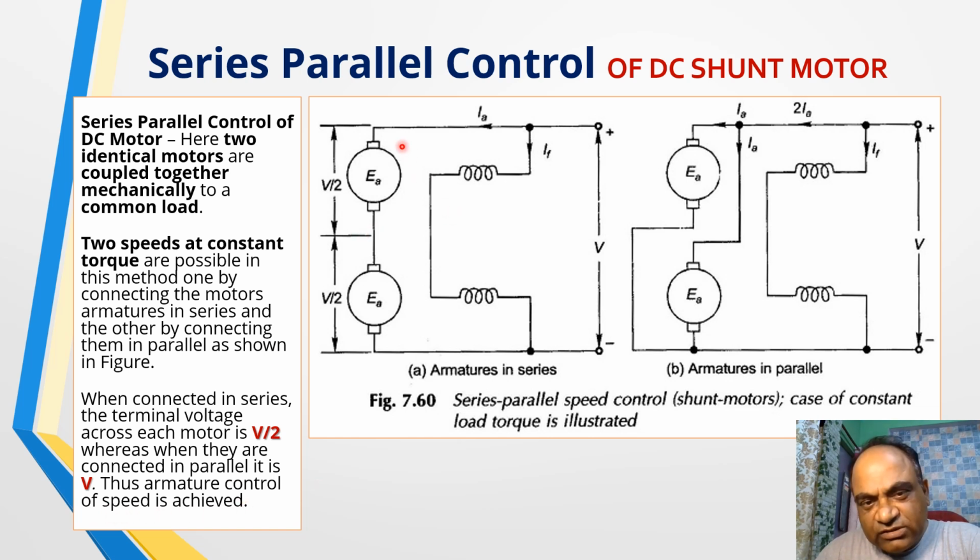So higher the voltage, higher will be the torque. As we have discussed, if you are able to remember the equation, you can understand higher the voltage, higher the torque.